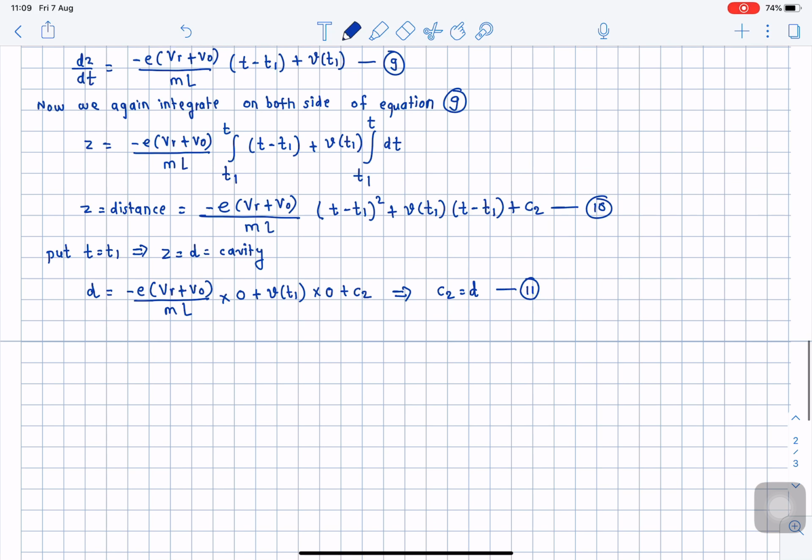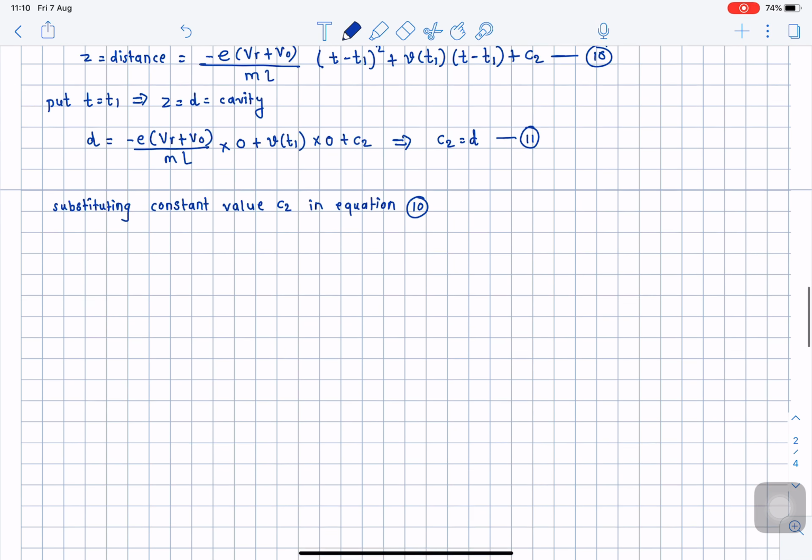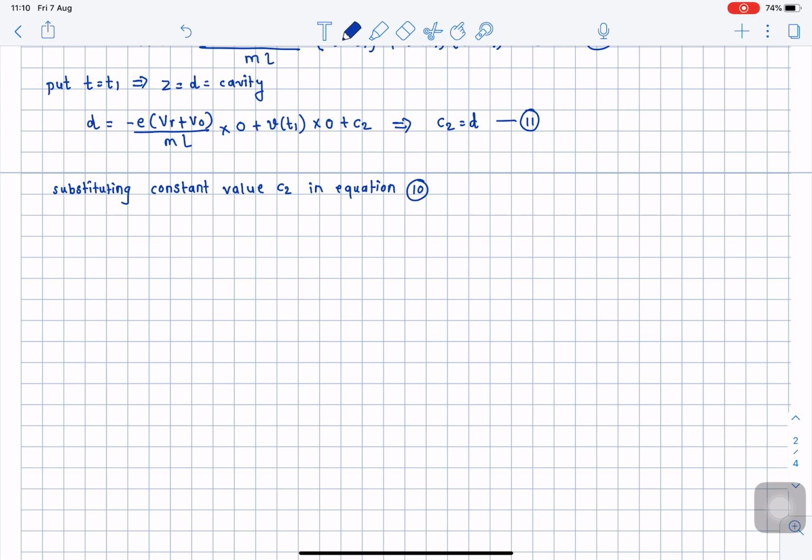So we have found out the constant of integration in this equation. Okay, so we substitute, I'll write here, substituting constant value c2 in equation 10. So when you substitute this value of constant c2 in equation 10, what we get? z is equal to, that is a distance in general.